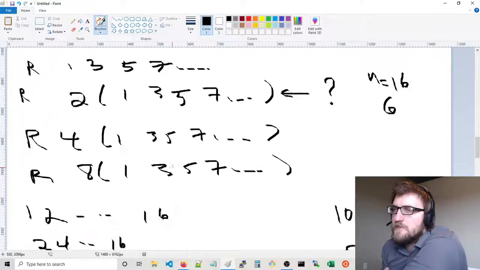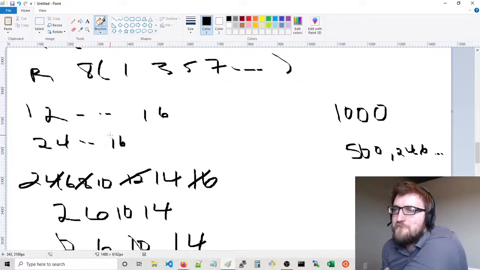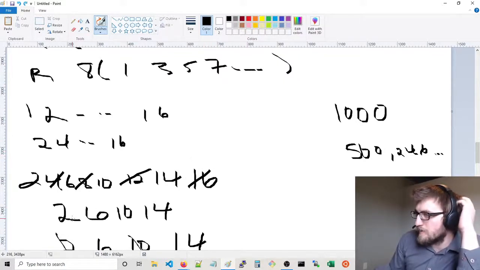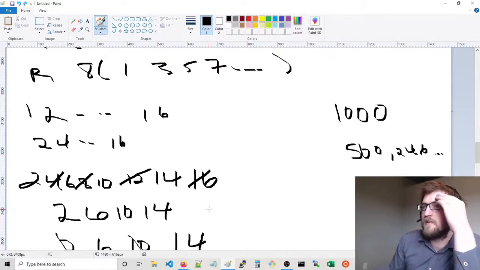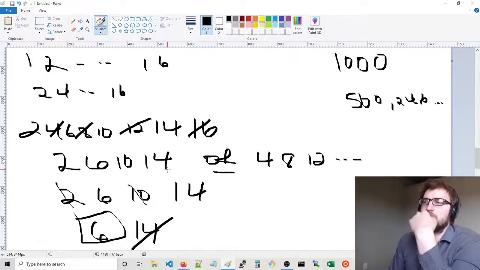Why though? I guess depending on whether it's even or odd, this number will tell you whether you have 2, 6, 10, 14, or 4, 8, 12, etc. Kind of lets you know one or the other.